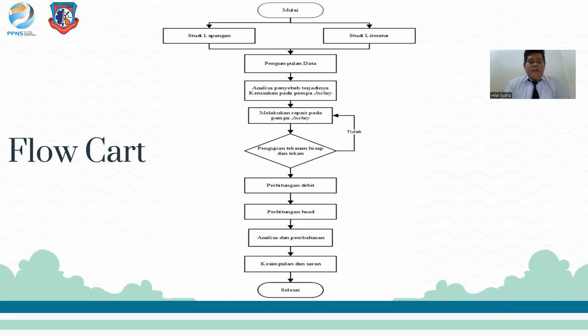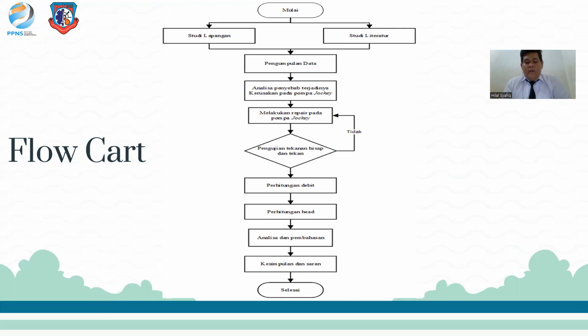And then my flowchart. The steps of this final project are in accordance with the flowchart. The first step is to start this research with a literature study and field study, and then data collection. After data collection, the next step is analysis of the problem in the jockey pump. After the analysis, we repair the pump.